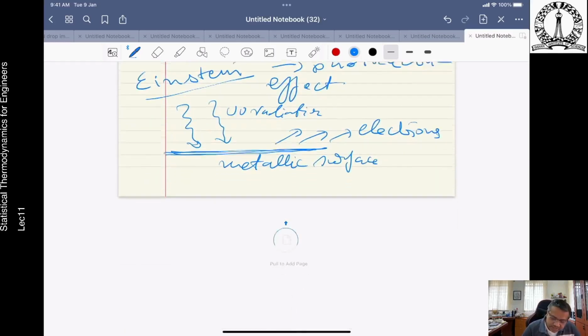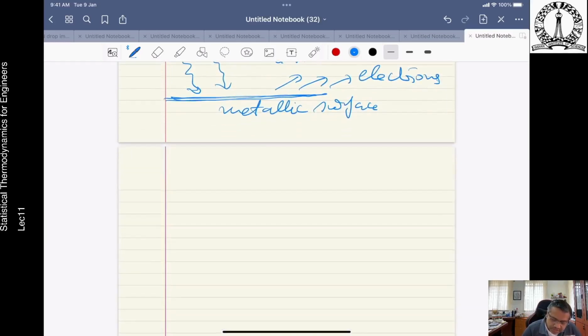So what did Einstein do? He took Planck's newly minted expression and suggested that the incident radiation behaves not as a classical electromagnetic wave, but as discrete packets, or discrete entities, or photons.